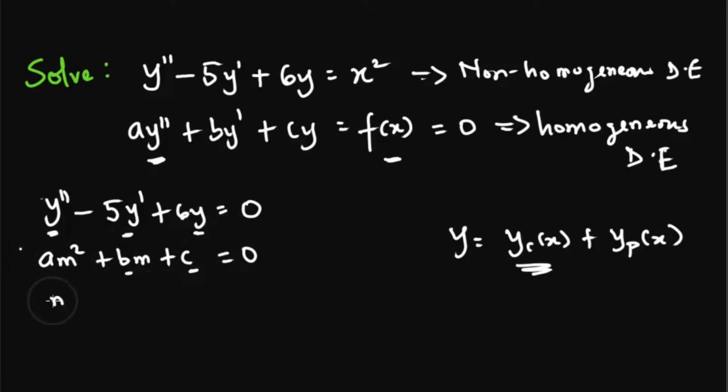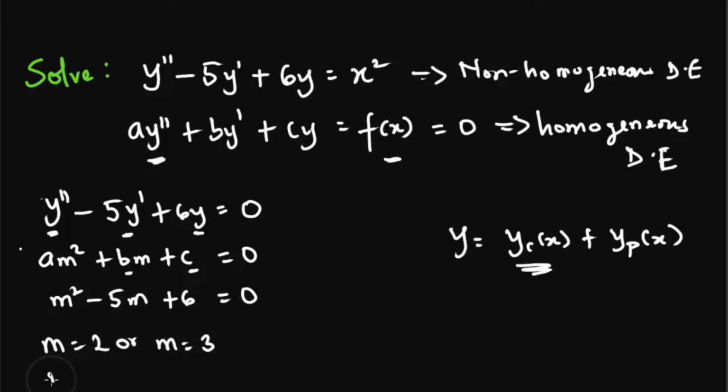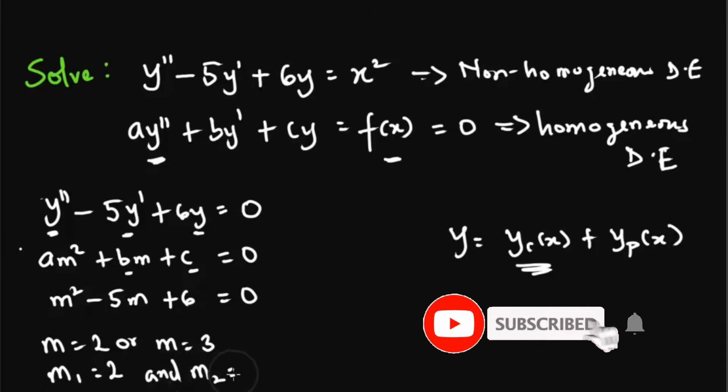So we have m squared, a is 1, b is minus 5, so minus 5m, and c is 6, plus 6 equals 0. When we solve this quadratic equation, we have m equals 2 or m equals 3. So m1 equals 2 and m2 equals 3.